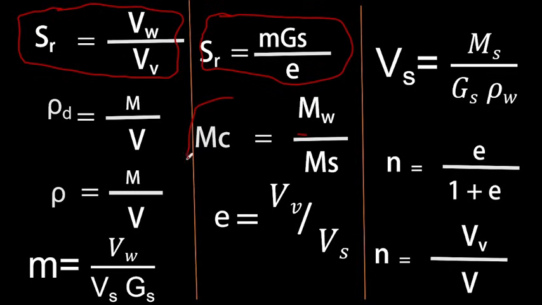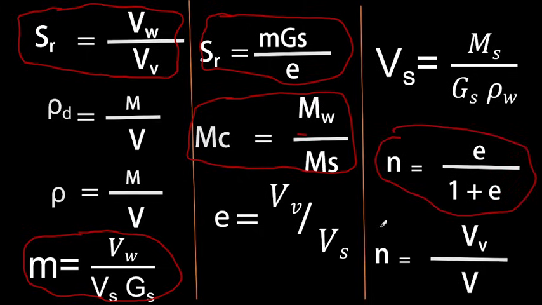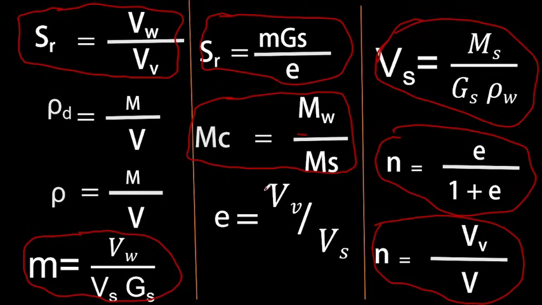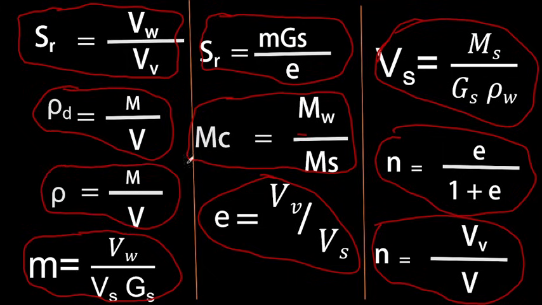Also, the moisture content can be calculated using this formula or this formula. Porosity can be calculated using this formula or this formula. So this is the volume of soil. Now this is the void ratio formula. Then this is the dry density formula. And then lastly, this is the bulk density formula.